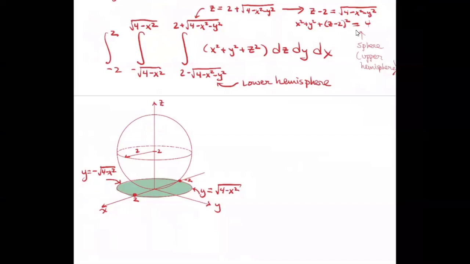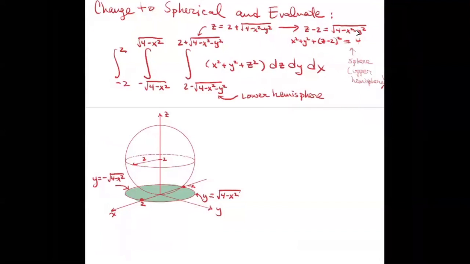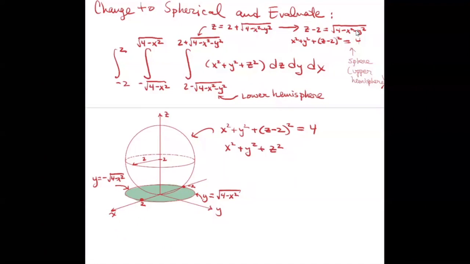Let me see if I can come up with an equation for it. The sphere, as you know, is x squared plus y squared plus (z minus 2) squared equals 4. We're going to have to multiply this out. x squared plus y squared plus z squared minus 4z plus 4 equals 4. x squared plus y squared plus z squared in spherical coordinates is rho squared.